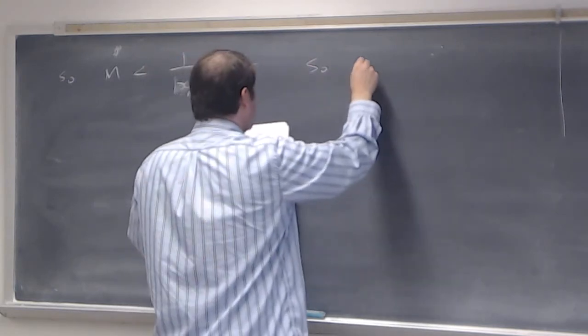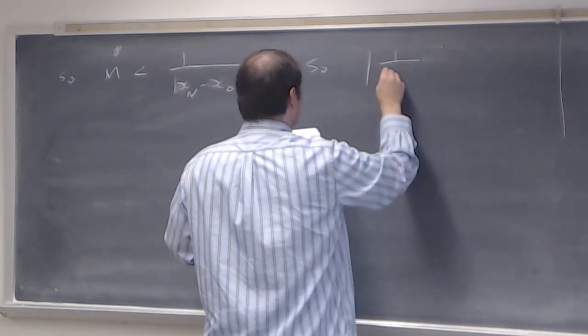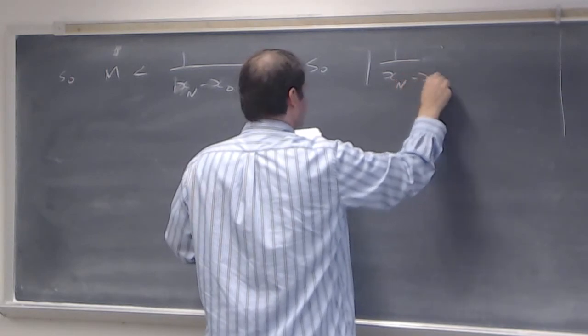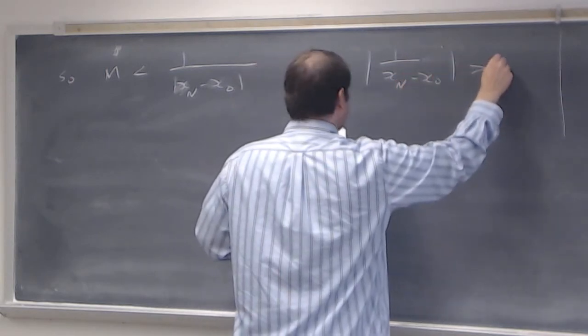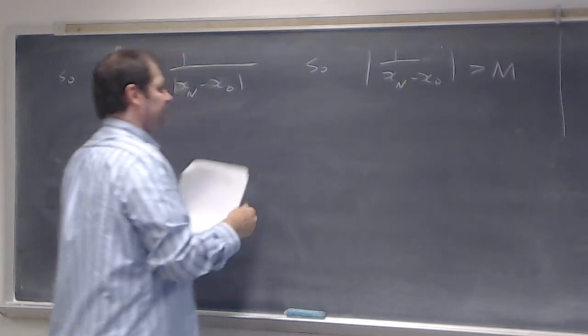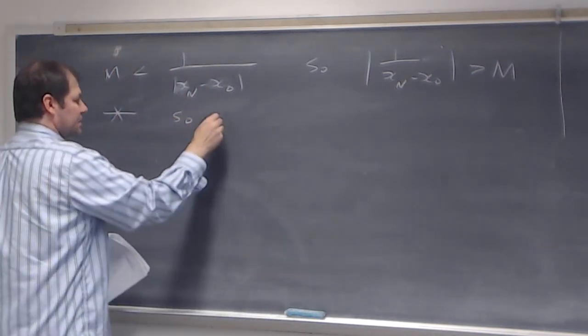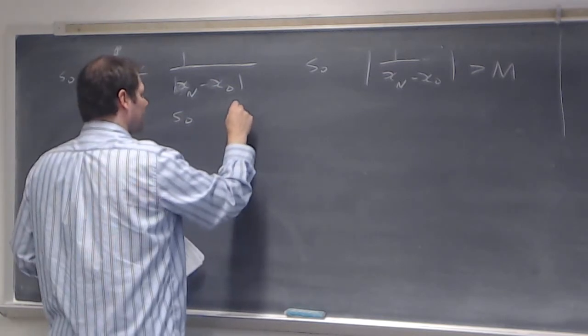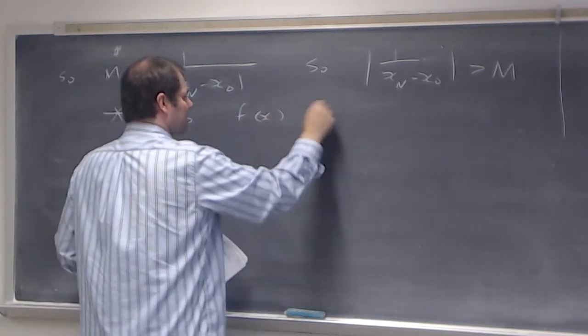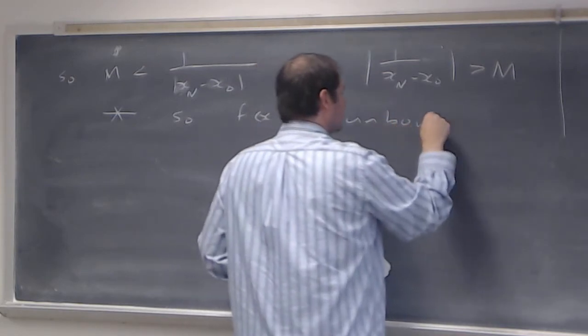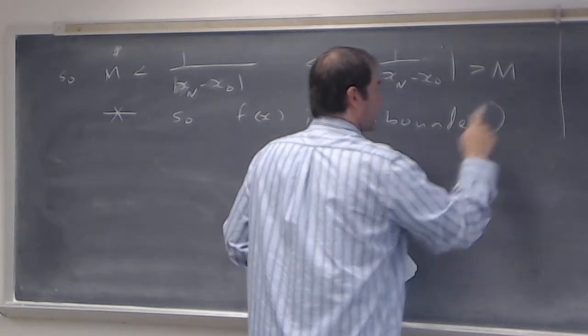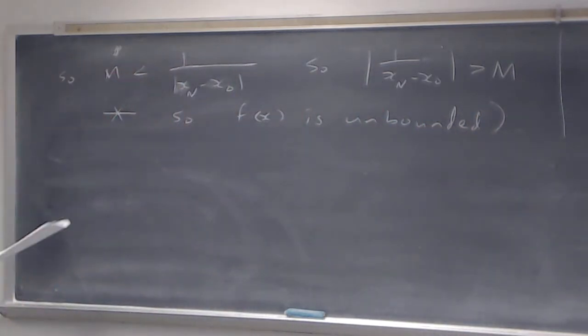So that says that the absolute value of 1 over x of big N minus x of naught will be greater than m. And that's a contradiction. Okay? So that says f of x is unbounded. And that's the parenthetical proof of what I had claimed. So that proves part A of this theorem in this case, where we're saying E is bounded.